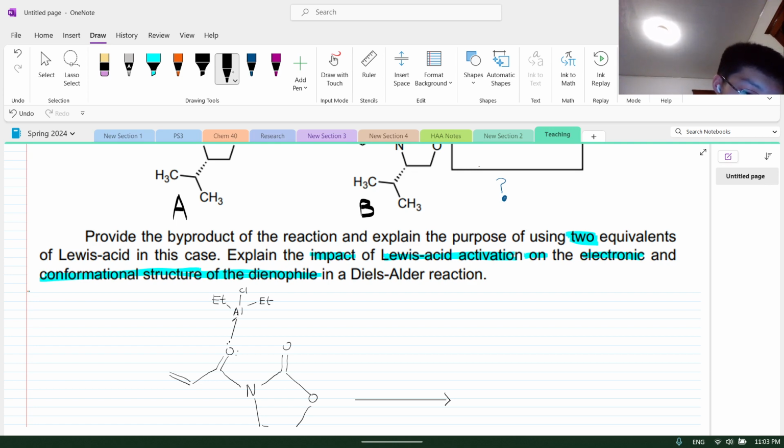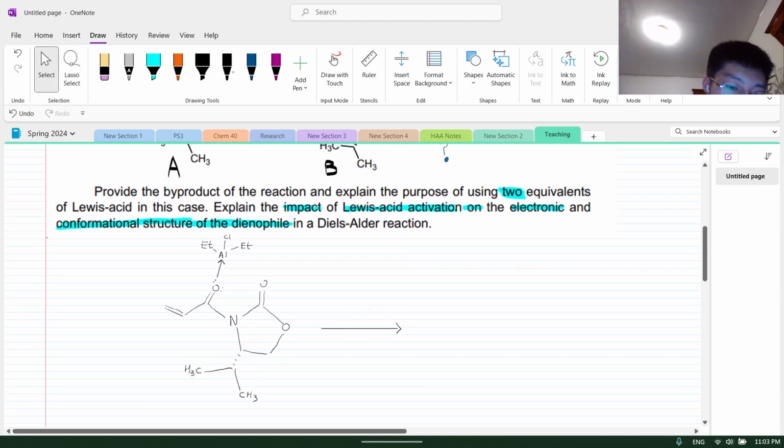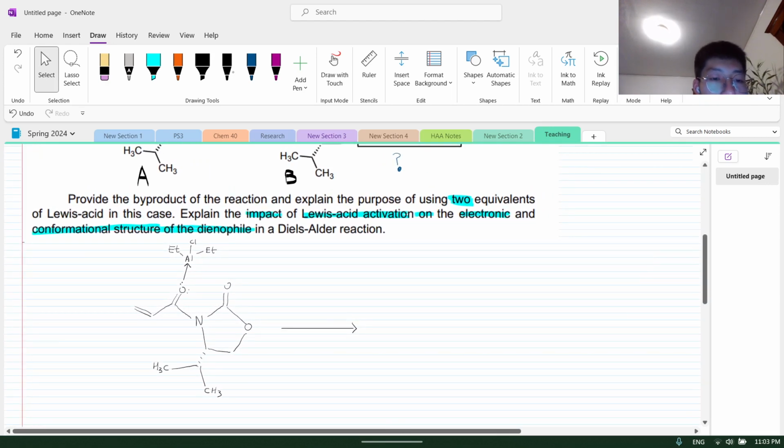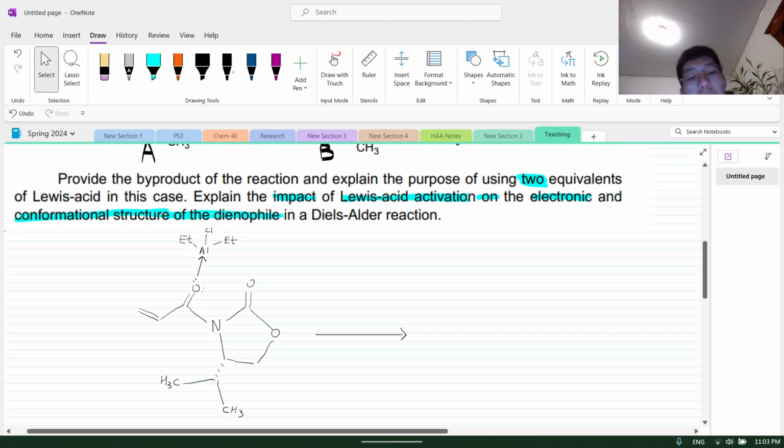And while we are drawing our Lewis acid, we might even wonder what the function of a Lewis acid is. Well, remember how Lewis acids facilitate reactions by lowering the LUMO of the reactant so that the starting material will be more reactive towards a nucleophile.